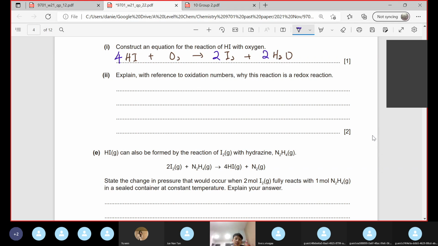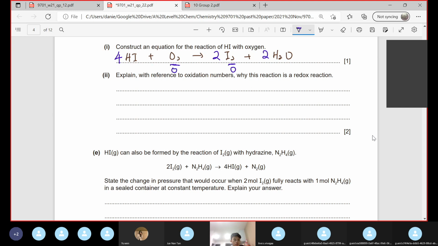Okay, yeah. Then from here we can see that the element, right? Sorry, let me rephrase it. The element at the left hand side is oxygen gas. Then the element at the product side is the iodine. So no matter what the species is, as long as it is an element, the oxidation number is 0.